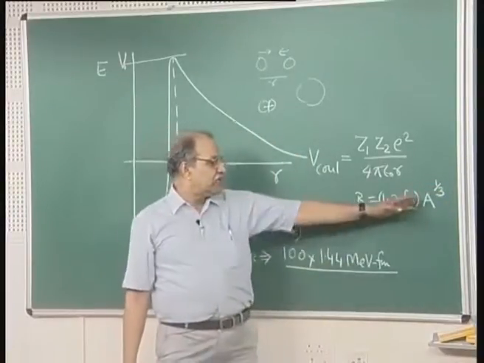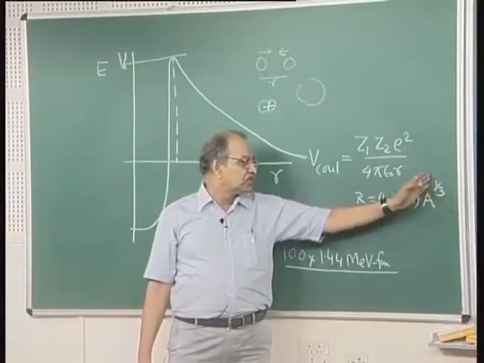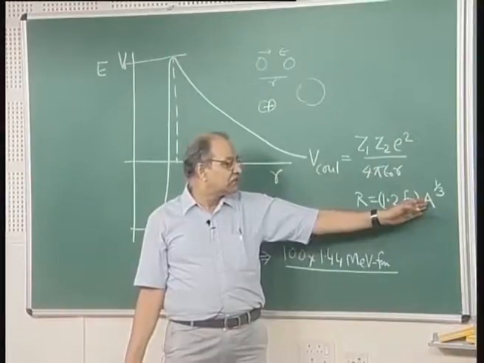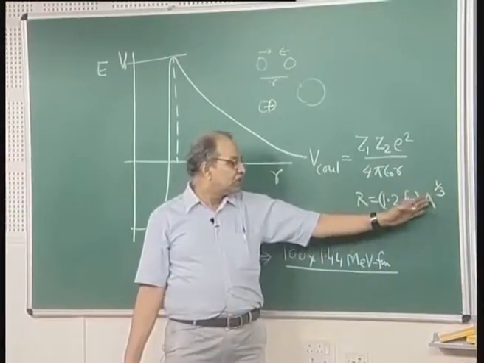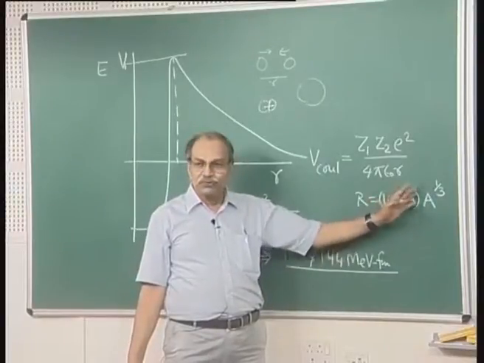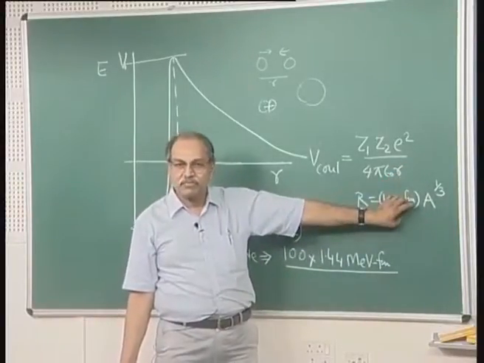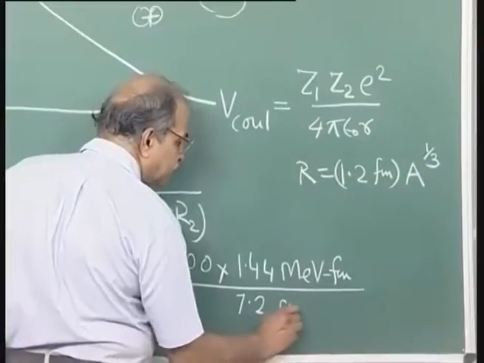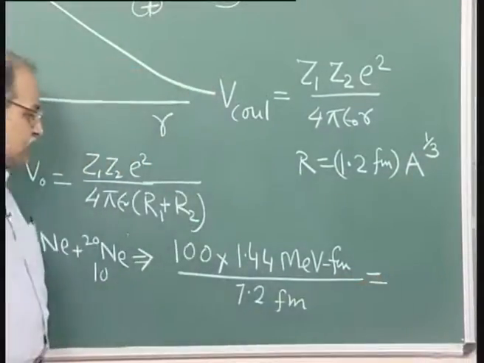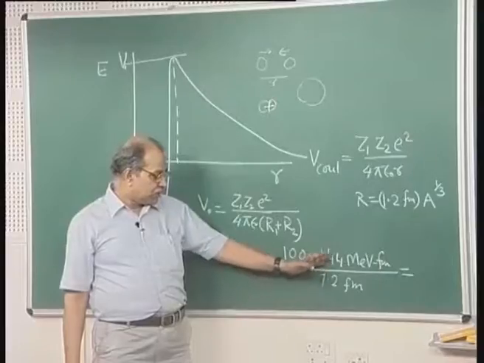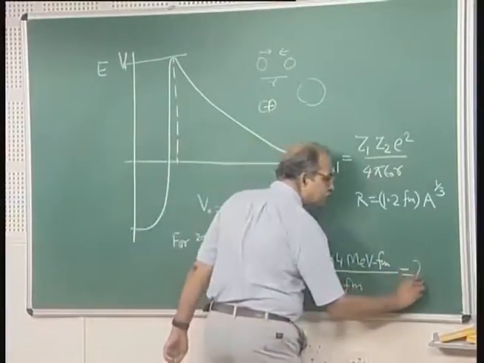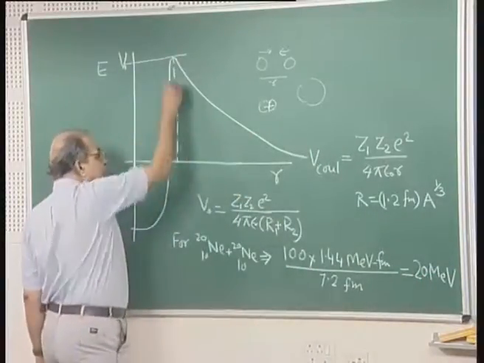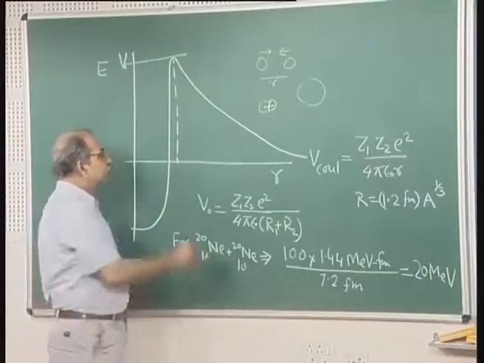We put A equal to 20; the cube root of 20 will be a little less than 3, since the cube root of 27 is 3. Multiplied by 1.2, that is something like 3.5 to 3.6 femtometers, and double of that will be 7.2 femtometers. So, how much is this? This will be almost 0.2 here, and so it will be 20 MeV. So, this height for this particular reaction is 20 MeV.